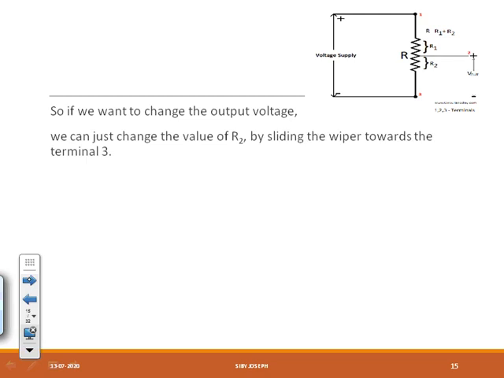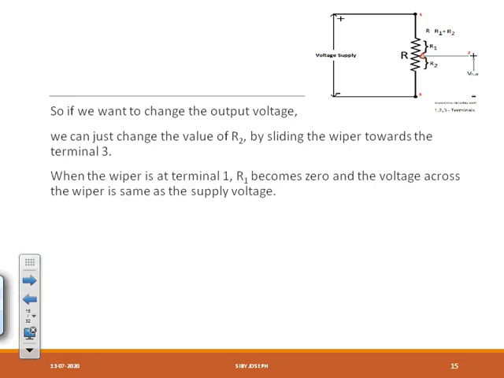So if you want to change the output voltage, what can we do? We can just change this wiper terminal up or down, by varying the resistance value R2 towards terminal 3 or terminal 1. So when the wiper is at terminal 1, R1 becomes 0.